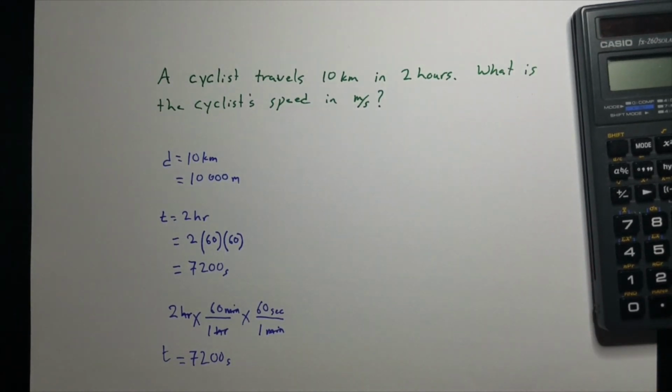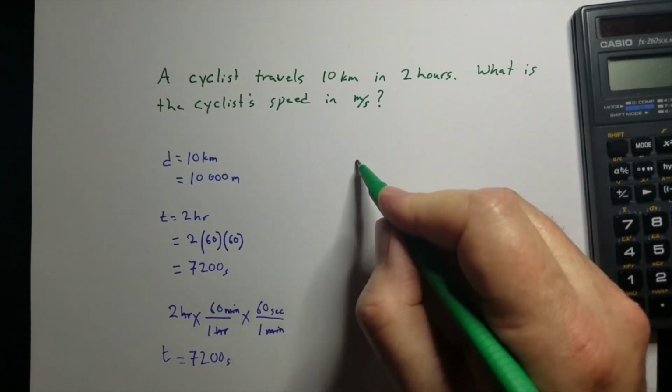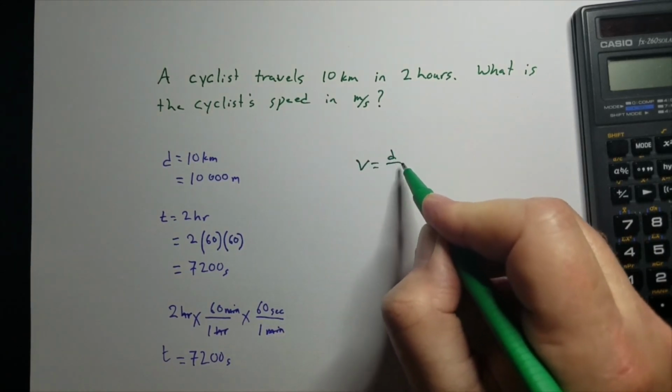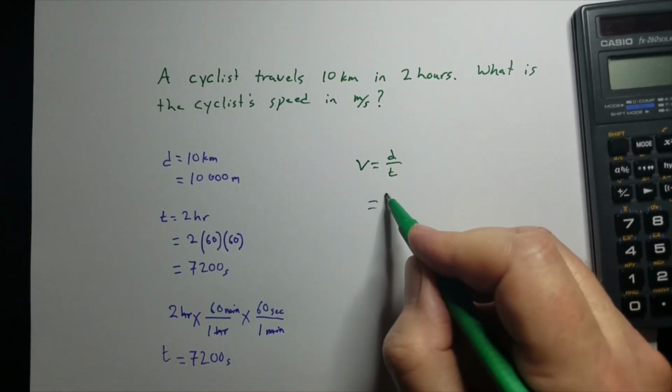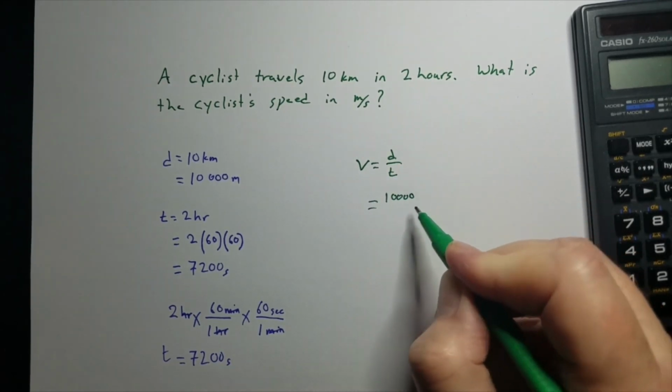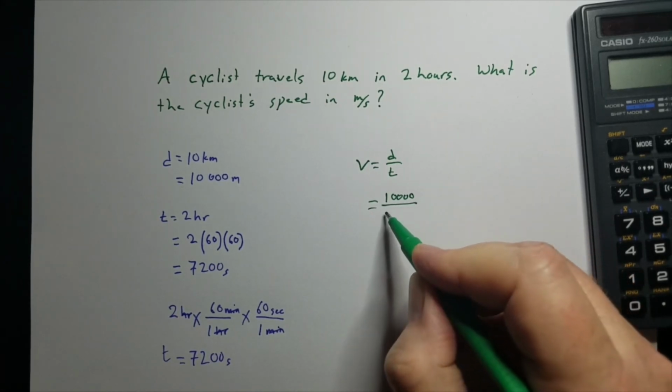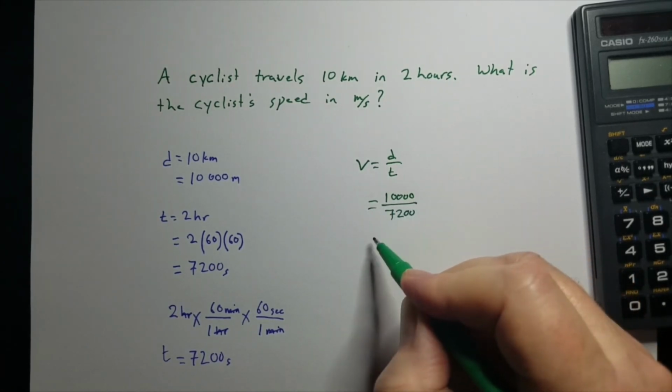So let's take a look at solving this now. We've got velocity equals distance divided by time, or speed in this case. Distance is 10,000 meters. Time is 7,200 seconds.